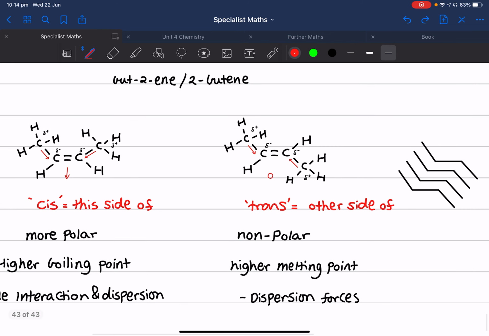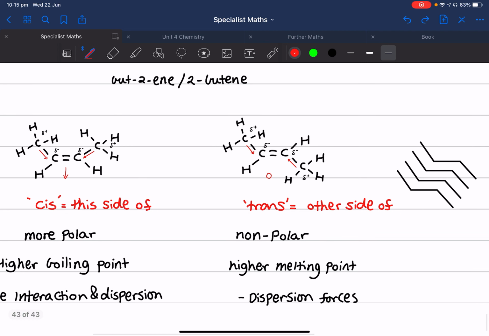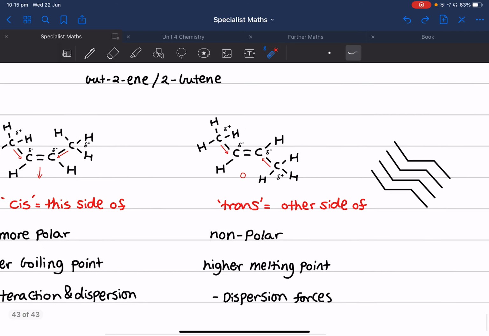But it has a higher melting point because melting point not only takes into consideration the intermolecular forces present, it also takes into consideration the structure of the molecule. If we connect the carbon atoms on the trans isomer, you can see that it makes sort of a beach chair shape as opposed to the table shape of cis isomers.